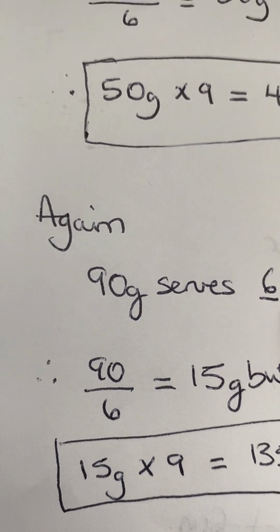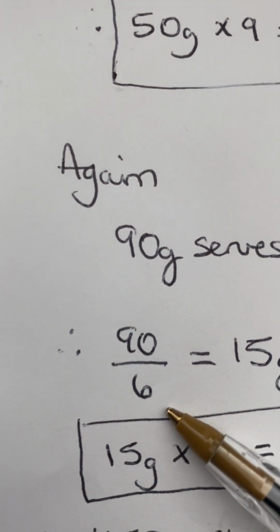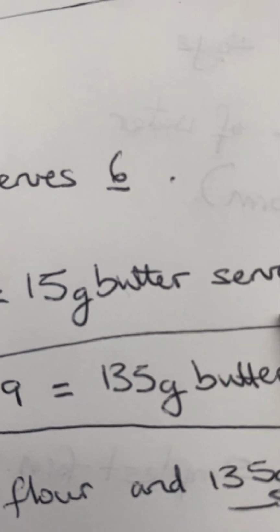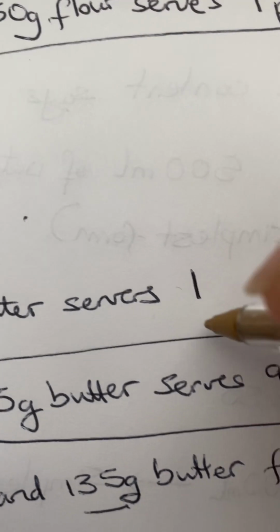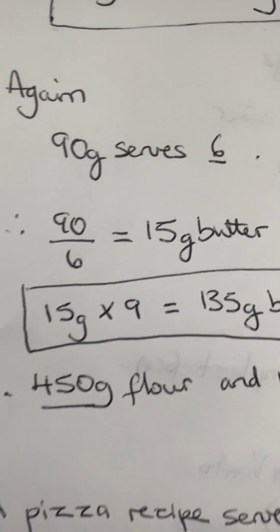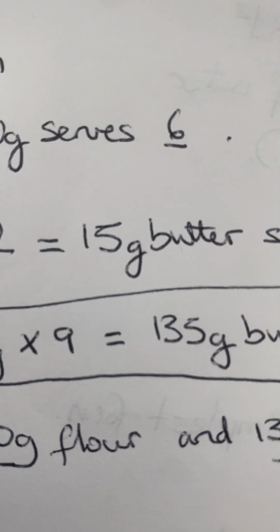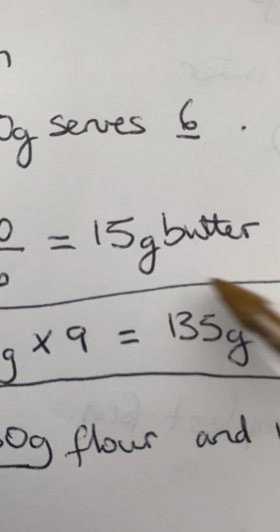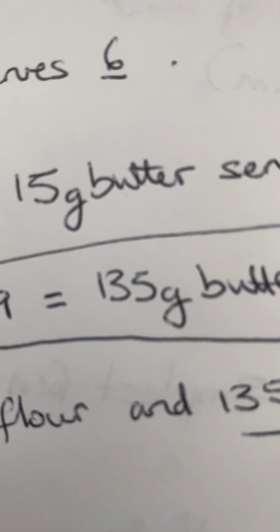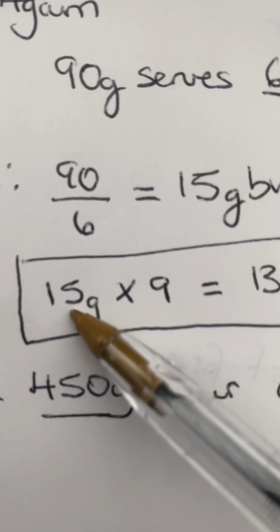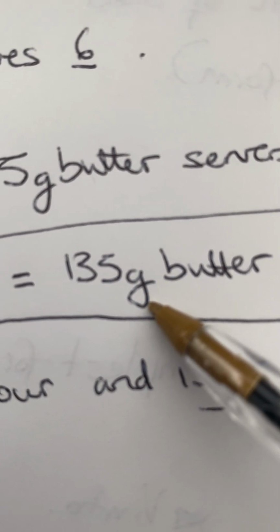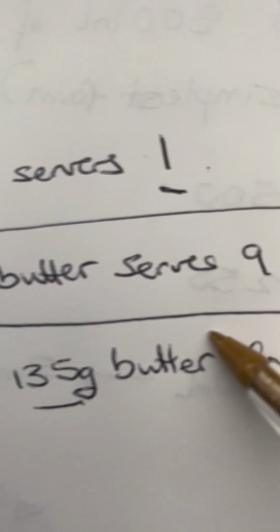So again, 90 divided by 6 is 15 grams of butter, which will serve 1. So to find how many will serve 9, 15 grams serves 1, so 15 times 9, which is 135 grams of butter, will serve 9 people.